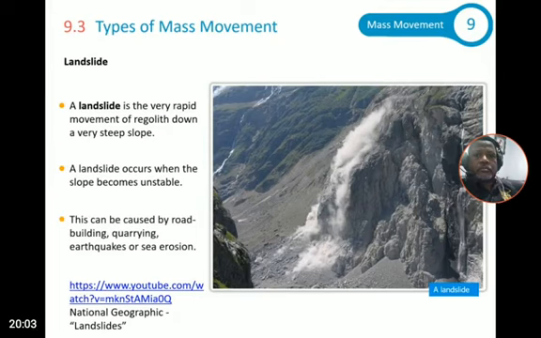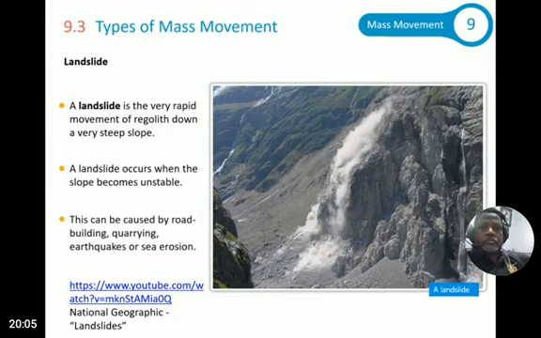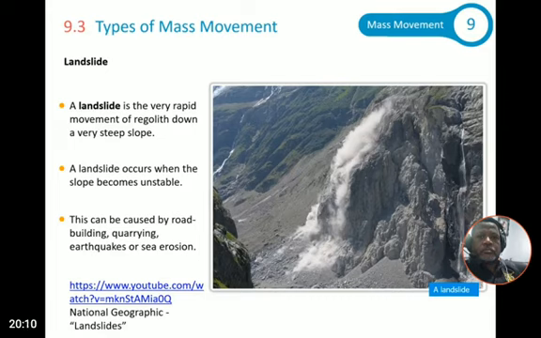The last type of mass movement that we're going to look at are landslides. Landslides are rapid movement of loose rock and soil, also known as regolith, down a slope. And these landslides are caused by undercutting, which is the wearing away of material at the base. We have coastal erosion and earthquakes.